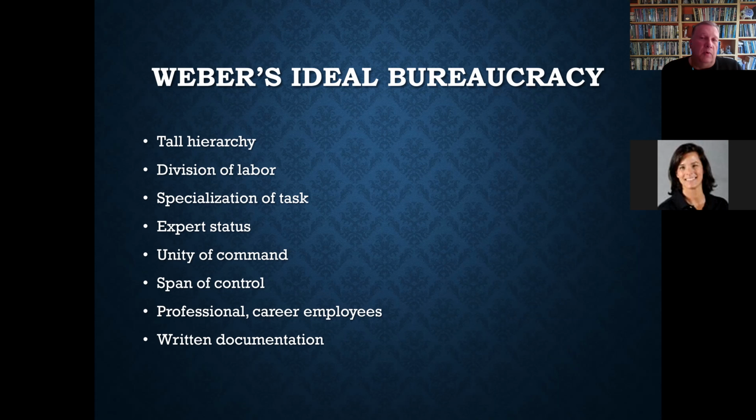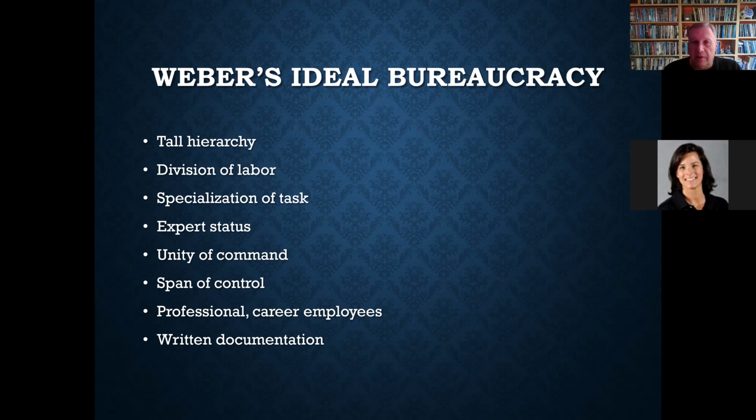Each one of those individuals who have their own set of tasks will then specialize in those tasks on a daily basis. When you specialize in the same tasks and you do the same types of jobs every single day, you then obviously will become an expert on how to do those tasks well.